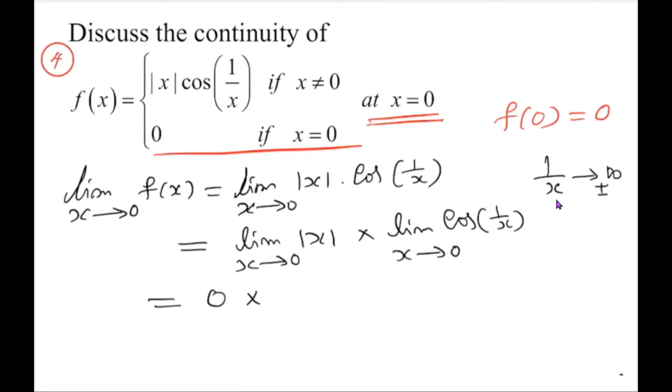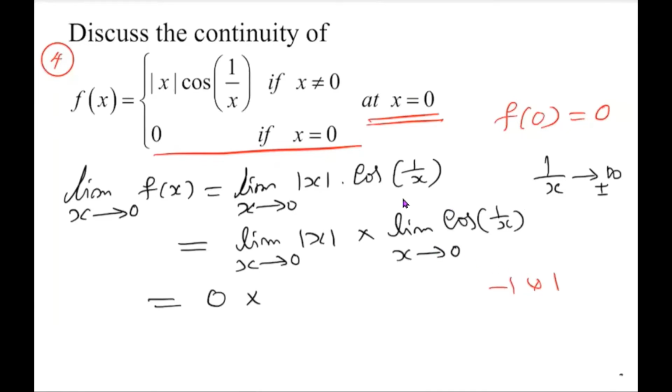Whatever the value of 1 by x, however large or however small, the value of cos of an angle always lies between minus 1 and plus 1. But this doesn't approach any finite value. It will be a finite value which oscillates between minus 1 and plus 1.